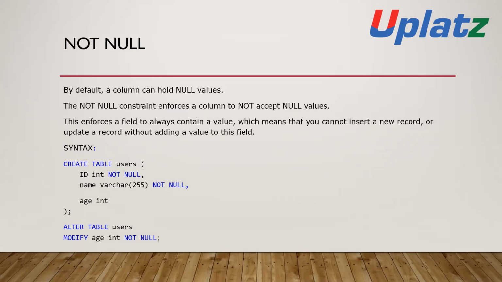In that case, if our database has a not null constraint, it will not accept that entry as the mobile value is not specified. For that, we need to give some mobile number so that the entry is accepted into our database. We will see this example by executing it in our database. I'll give you a small demonstration on how exactly this works.